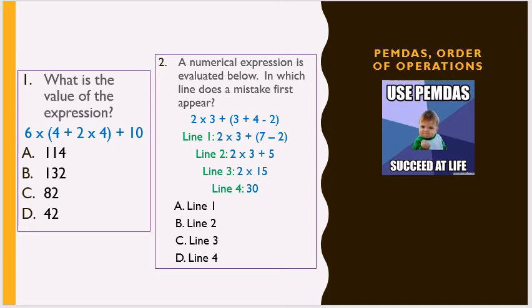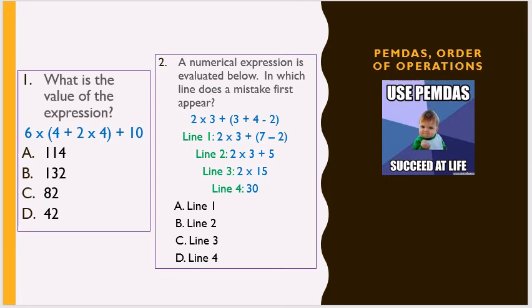And then number 2, a numerical expression is evaluated below. In which line does a mistake first appear? 2 times 3 plus parentheses 3 plus 4 minus 2, close parentheses. So on line 1, they did 2 times 3 plus 7 minus 2, with 7 minus 2 being in parentheses.